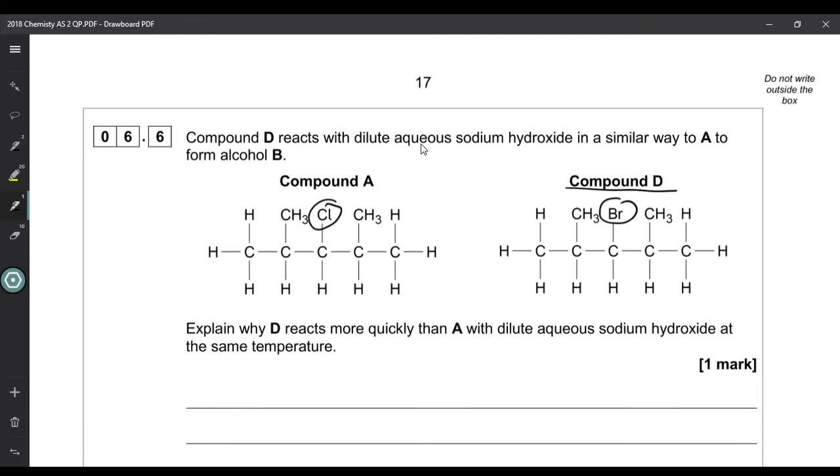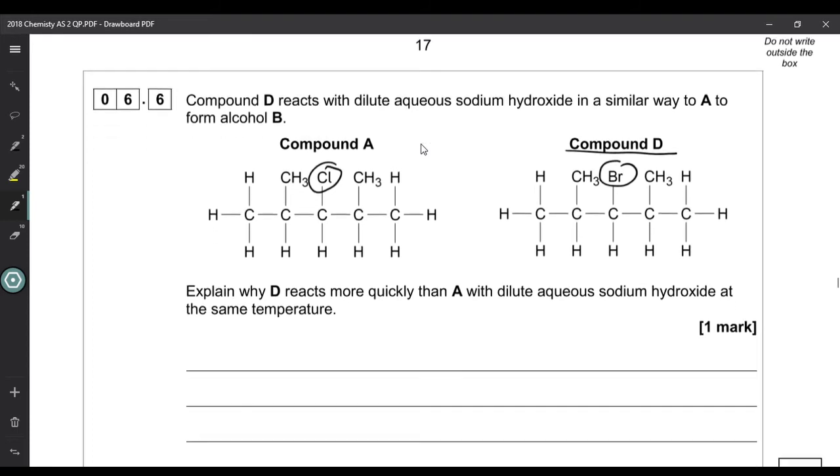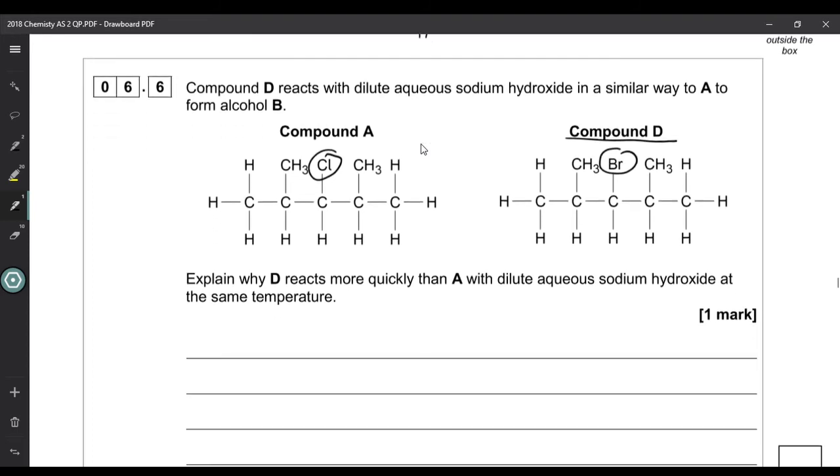So some students in the exam start talking about the reactivity of bromine compared to chlorine, but that's not the case why it reacts more quickly. It's all to do with the strengths of a carbon-chlorine bond compared to a carbon-bromine bond.